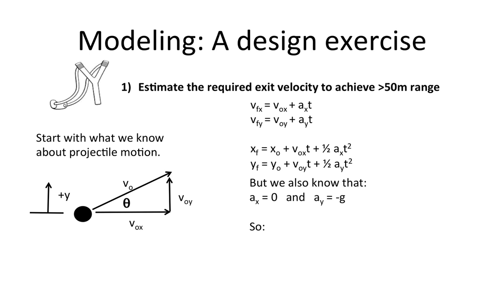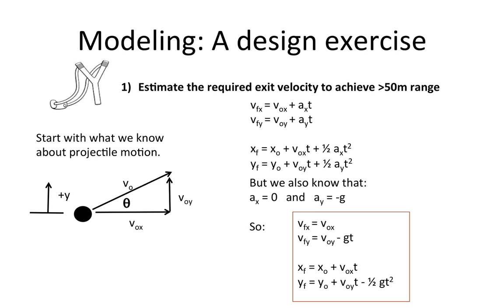Well, for us, we know that the acceleration in x is 0 and the acceleration in y is gravity. So we get a set of constitutive equations that look like this.